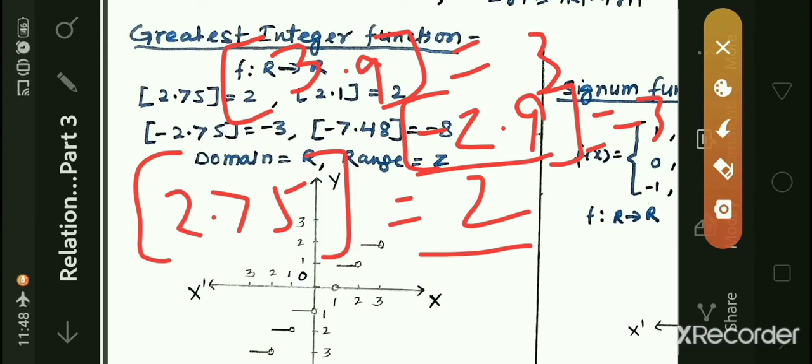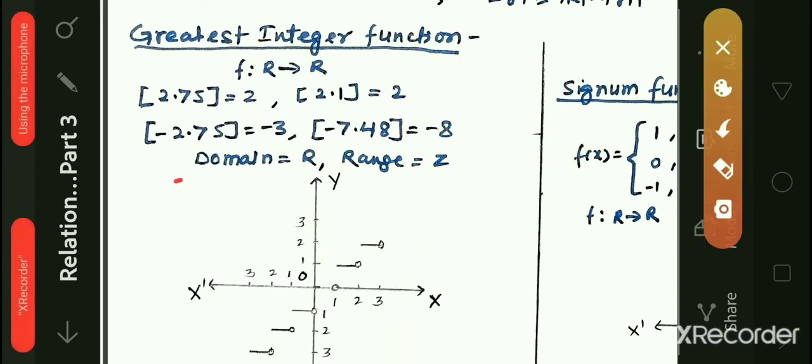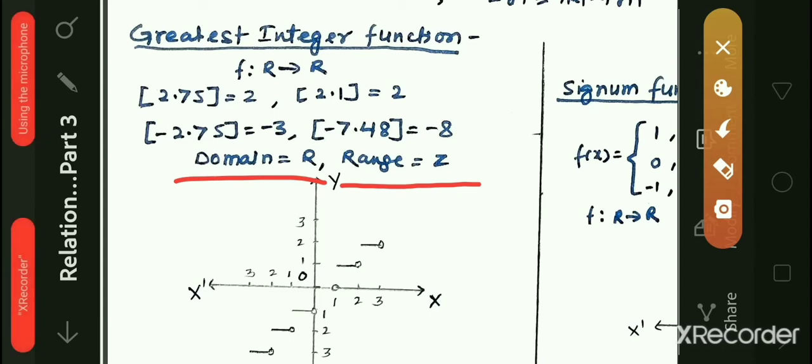So this is all for the greatest integer function. Now its domain will be real numbers, and its range will be the set of integers. Means we always get output as integers, whereas its input is a real number. I hope it is clear.